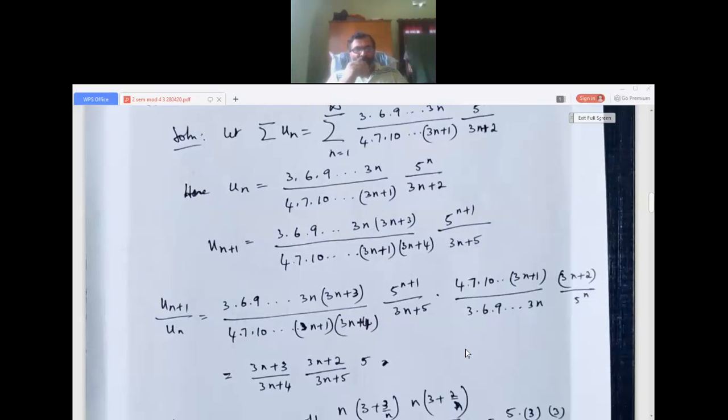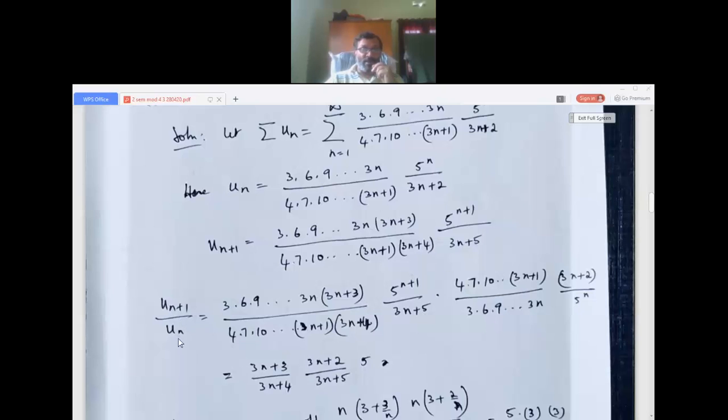Now here you can see un plus 1 divided by un, because D'Alembert's ratio test is un plus 1 divided by un. So first I will write this un plus 1: 3 into 6 into 9 into 3n into 3n plus 3 into 5 power n plus 1, divided by 4 into 7 into 10 goes on till 3n plus 1 into 3n plus 4 by 3n plus 5.